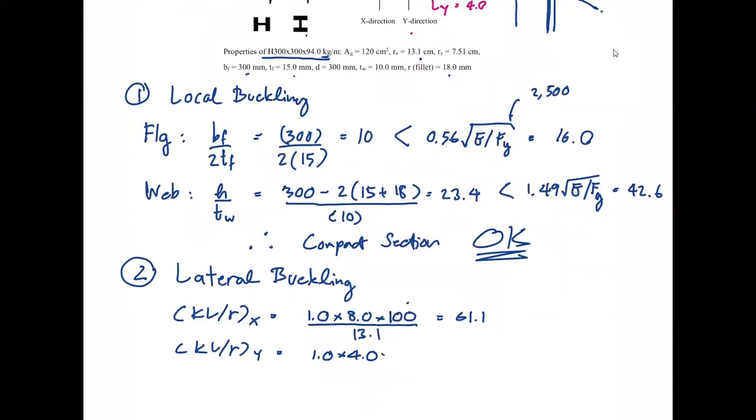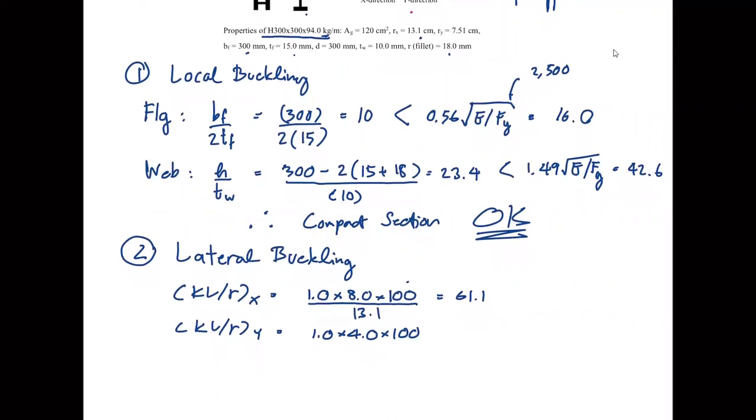So this has to be multiplied by 100 to change the unit again, and divided by ry, which is 7.51. This turns out to be 53.3.